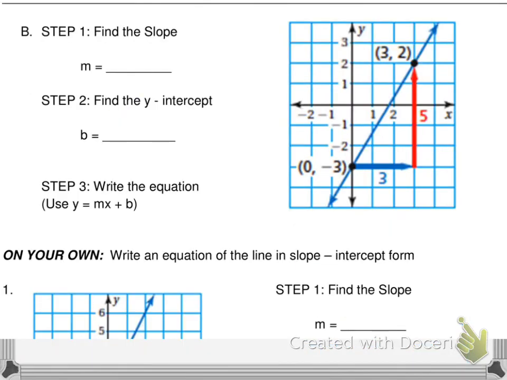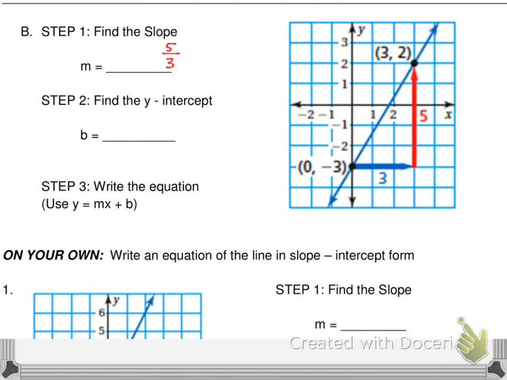So step 1, again, find the slope. Look at my little line here, 0, -3 and 3, 2. So I can climb up 5 and right 3. Well, up 5 represents a +5, right 3 represents a +3. Now, if you don't need this part, you can just skip all that and go straight to 5 over 3, because that's ultimately what we would like anyway.